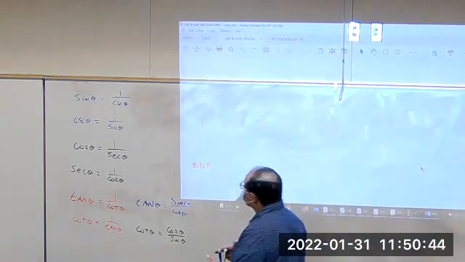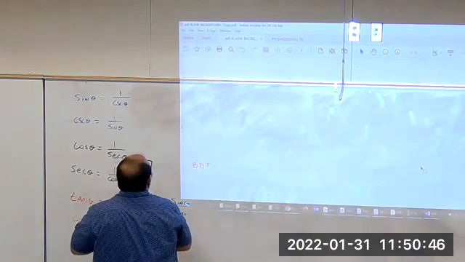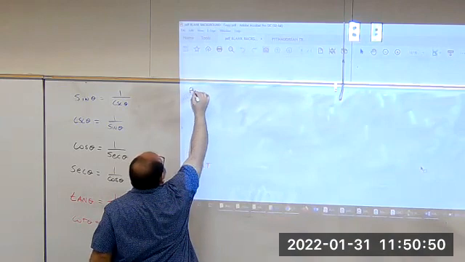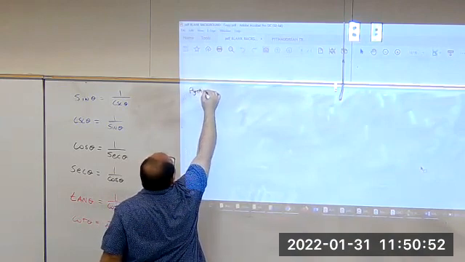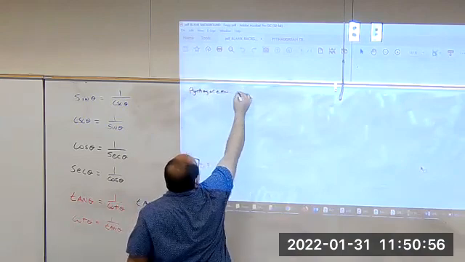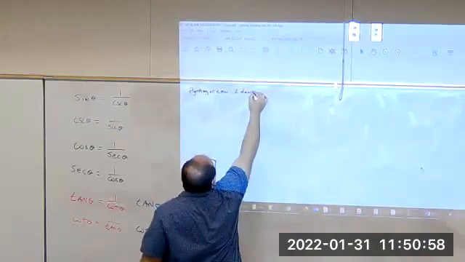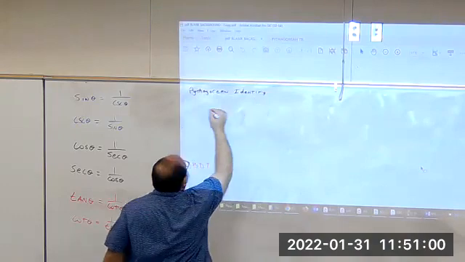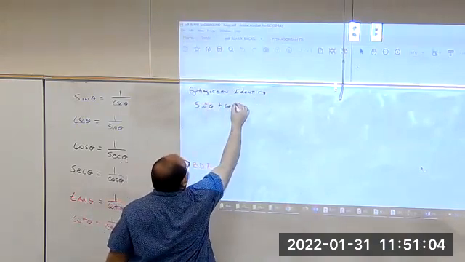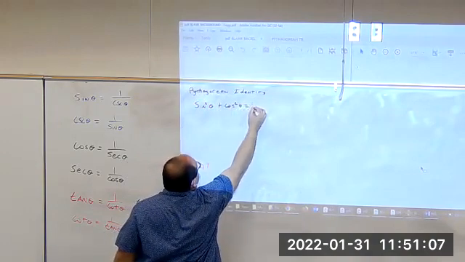Big Daddy theorem. This is also known as the Pythagorean identity. The sine squared of theta plus the cosine squared of theta is always equal to 1.